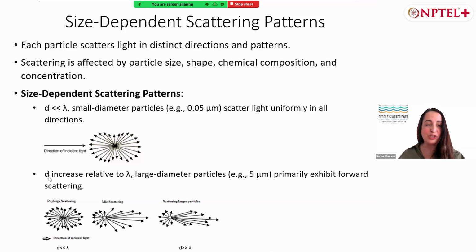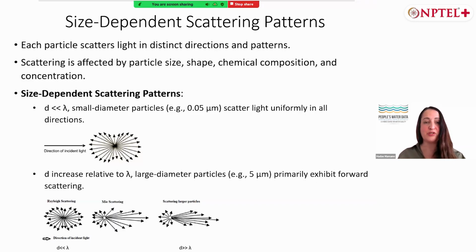But when D, which is the diameter of the particle, increases relative to the wavelength of light, in this case, we have large diameter particles, for example, particles at the size of 5 micrometer, and they will exhibit, as we can see in this image, primarily forward scattering.